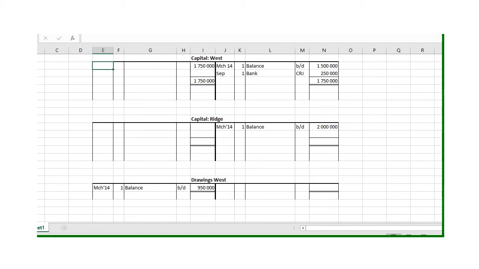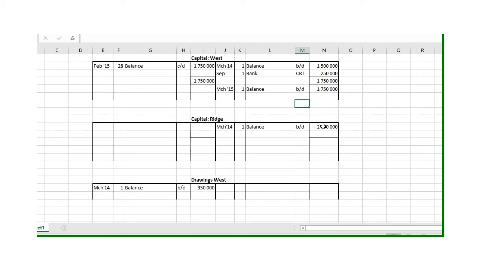That would be February 2015, sorry, the end of our year, the 28th, balance carry down 1,750,000, and next year, which is March 1st, 2015, the first, balance brought down 1,750,000. So his has now been adjusted on the 1st of September.